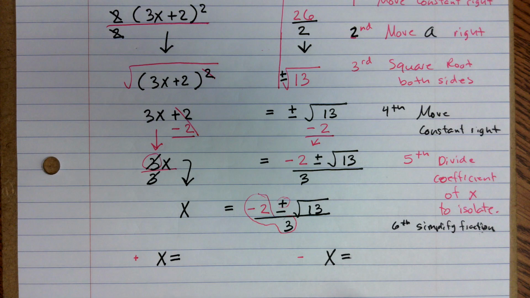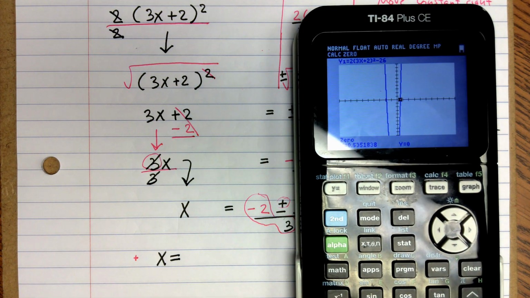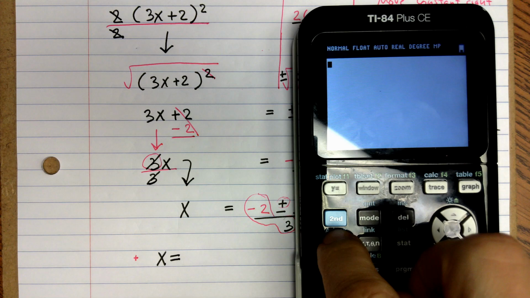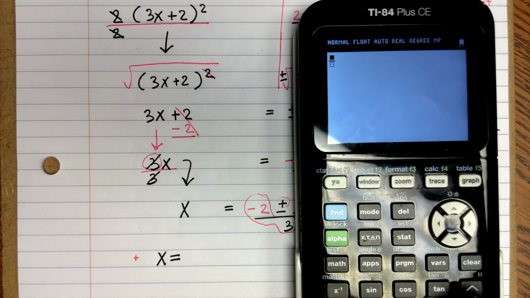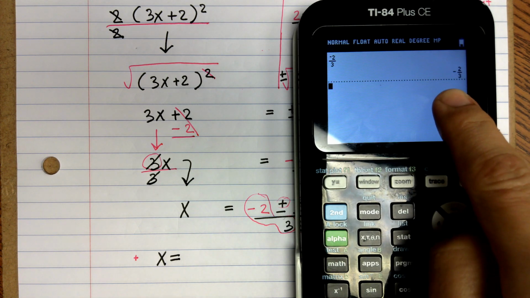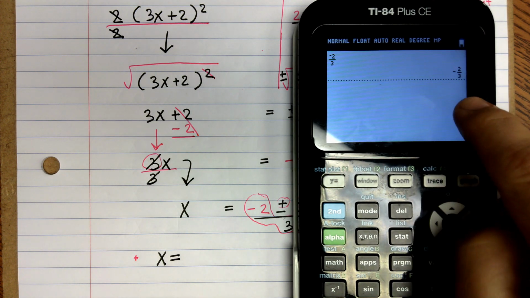Sometimes it'll just simplify and reduce. Let me give you an example of what I mean by that. If I were to take my calculator and go to calculate, I'm going to hit alpha y equals enter. If I put my fraction in, negative 2 over 3, and I hit enter, notice it stays exactly the same. So that tells me that this clearly can't be simplified. This fraction is in its simplest terms.